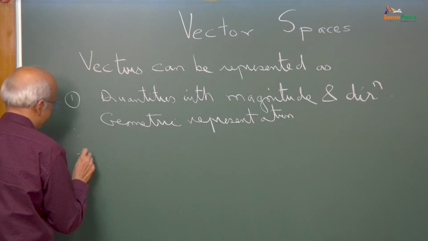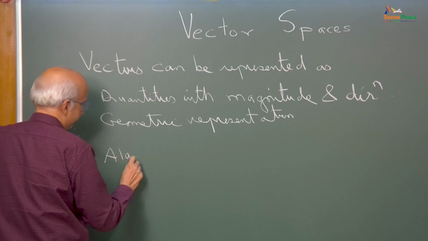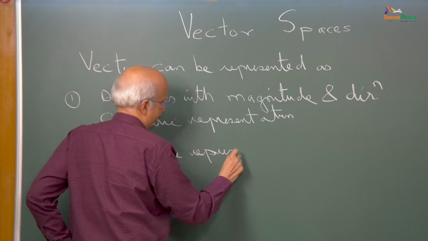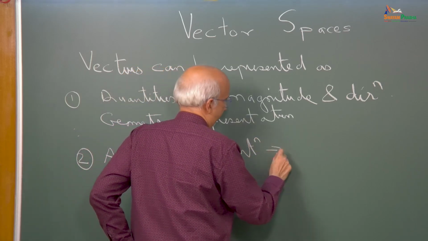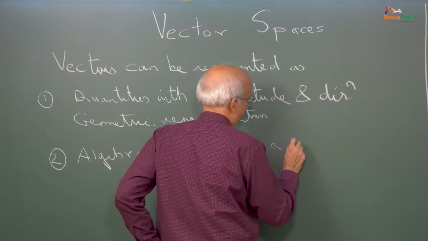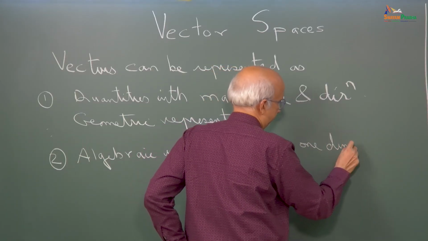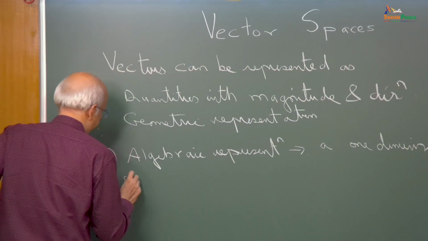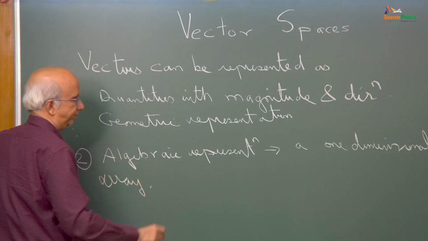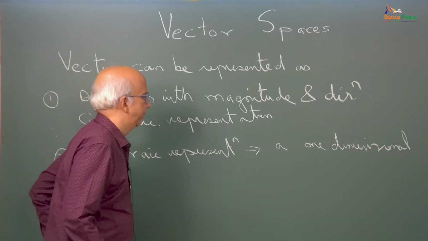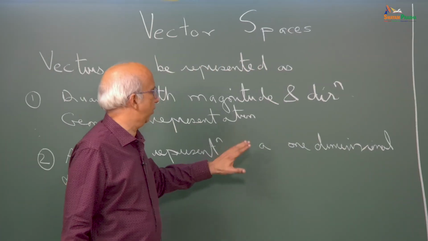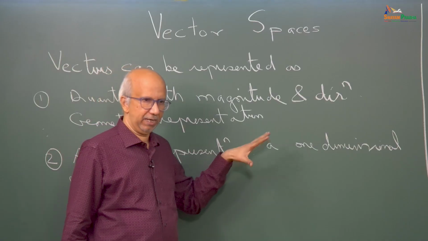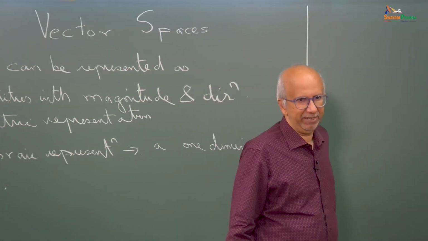The second one is more of an algebraic representation, where we think of this as a one dimensional array. This is what mathematicians use, and what possibly people in physics use, but they are two different ways of representing the same quantity.